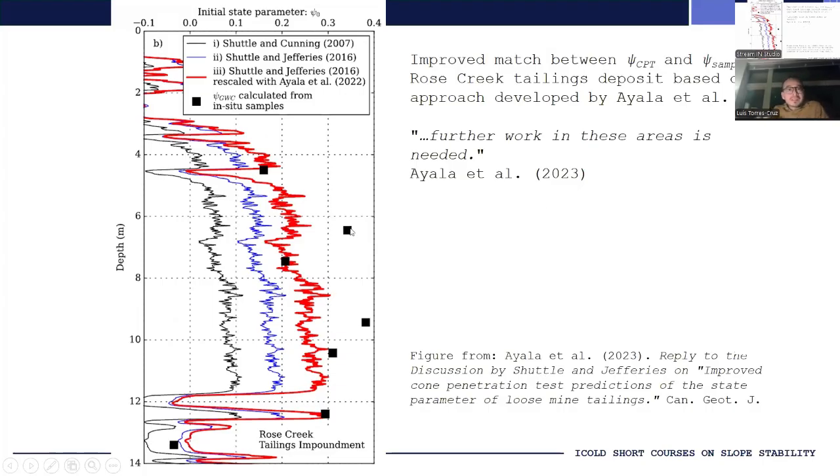And by continuing to modify the method, they achieve an improved match between the predicted state parameter, or the state parameter inferred from the CPT, and the state parameter measured in the sample. However, the authors do not hesitate in pointing out that further work in these areas is needed, and I find it difficult to disagree with that.